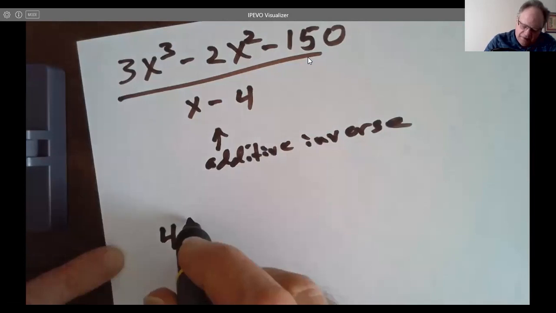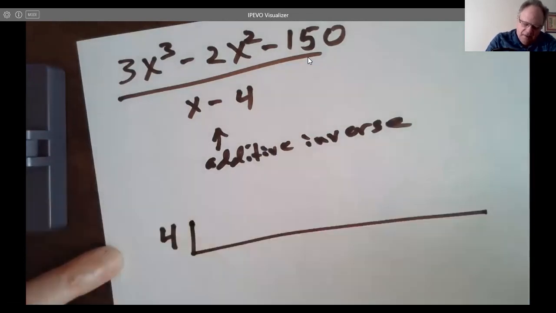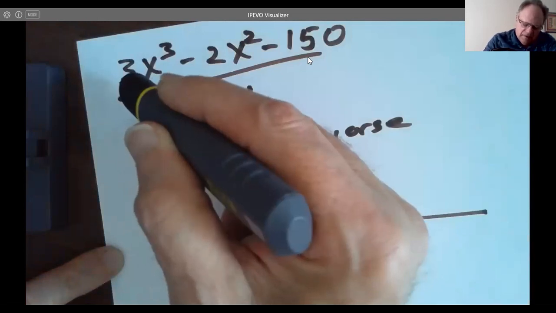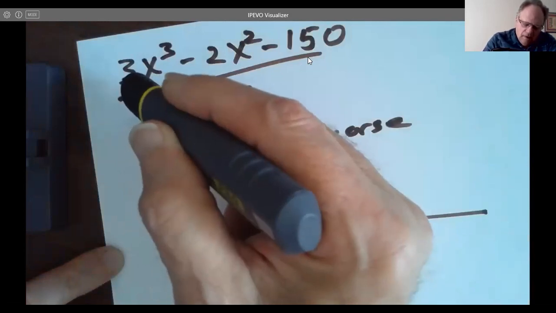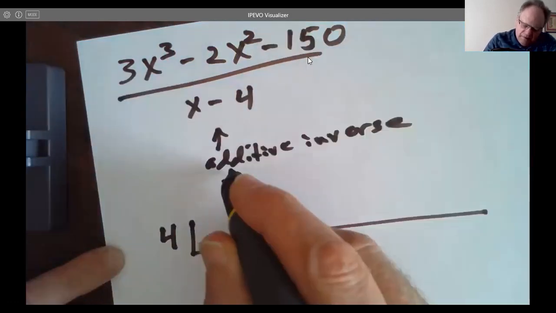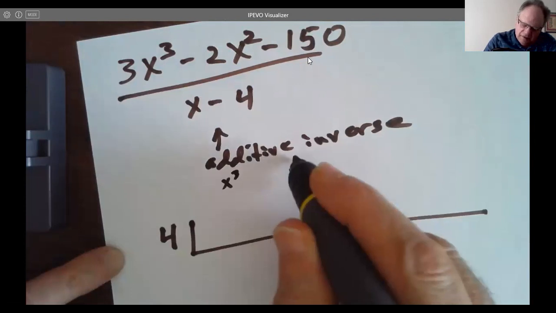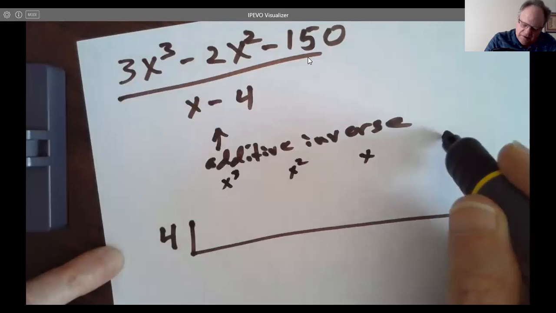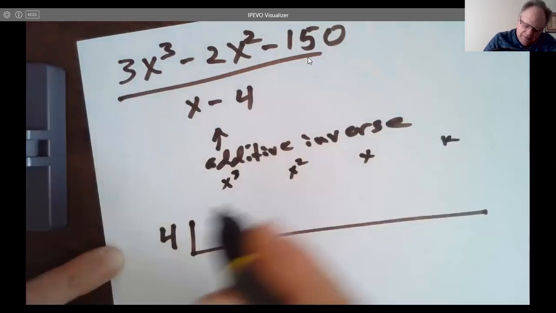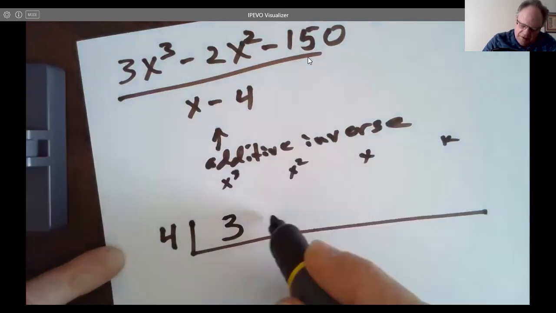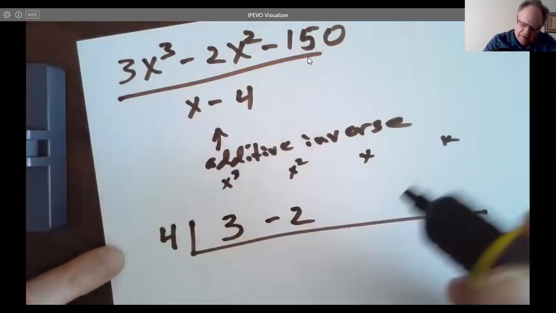And then we're going to flip the division sign, and now we're just going to put the coefficients for x cubed, coefficient for x squared, coefficient for x, and coefficient for our constant. Well, 3 is our coefficient for x cubed. A minus 2 is our coefficient for x squared.